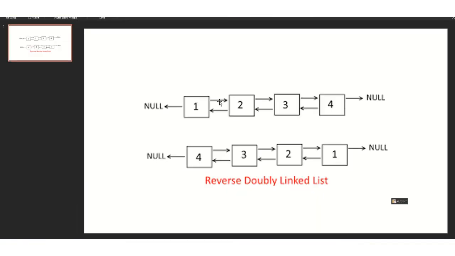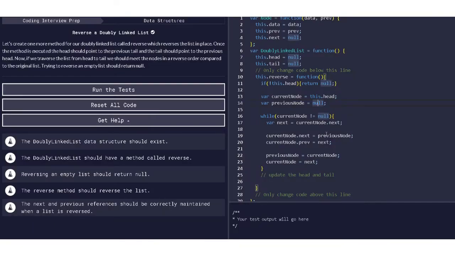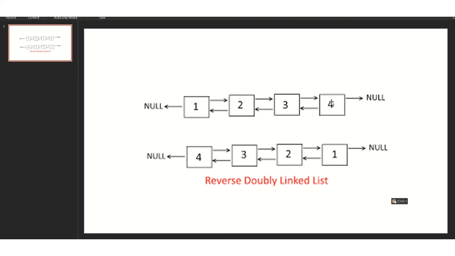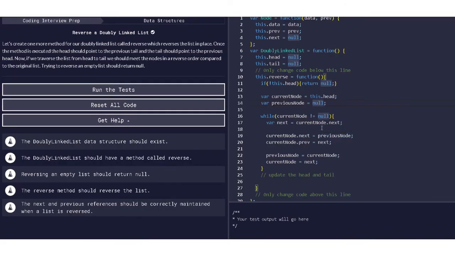You're just cutting off the links right here. So it makes sense, right? If you look at node number 4 right here, the tail, right? Automatically node number 1 becomes the tail right here. So next is null, and then previous is number 2. If you look at the bottom, make sense? Okay, so that's what we're doing.